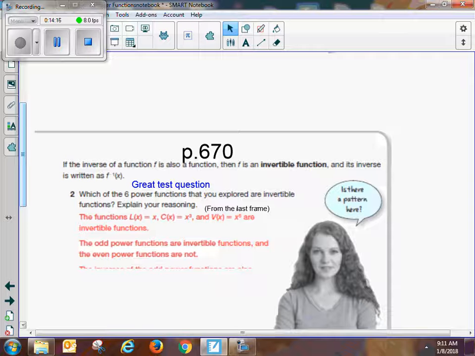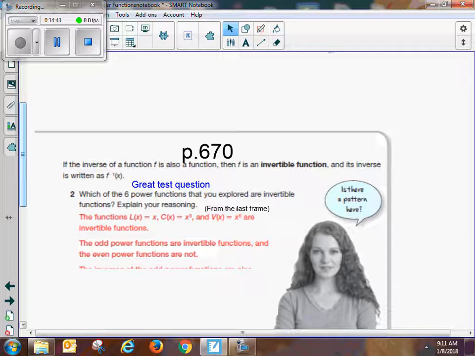So with what we just did, which ones ended up being invertible? The ones with the even or the odd powers? Odd. Everybody agree with that? Okay? So my answer here said the function c of x equals x cubed, v of x equals x to the 5. That group, they were all invertible. They were invertible because they were the odd-powered functions.